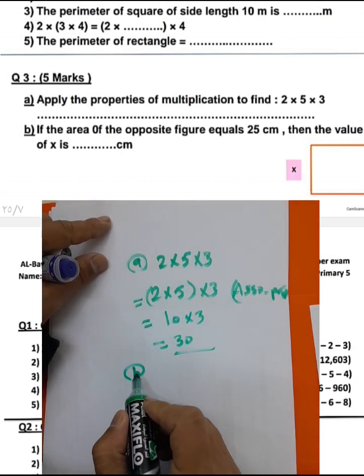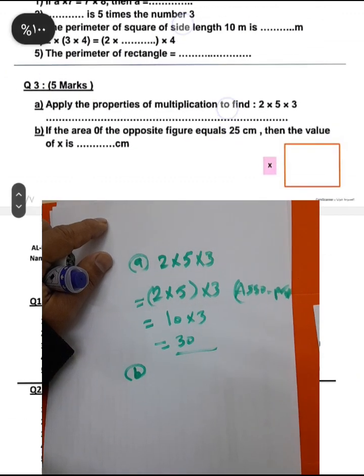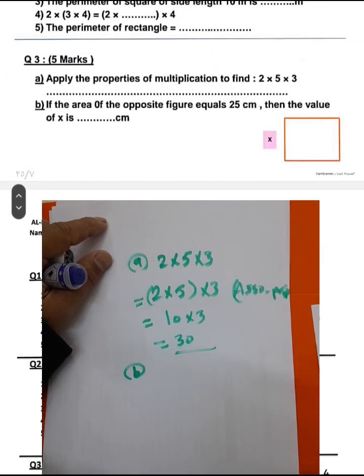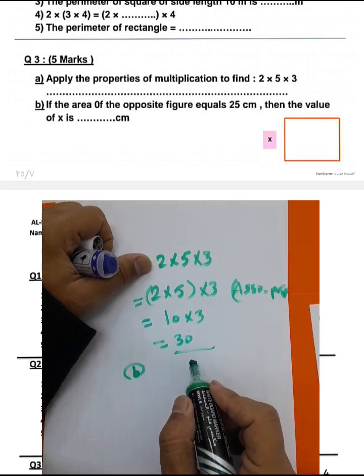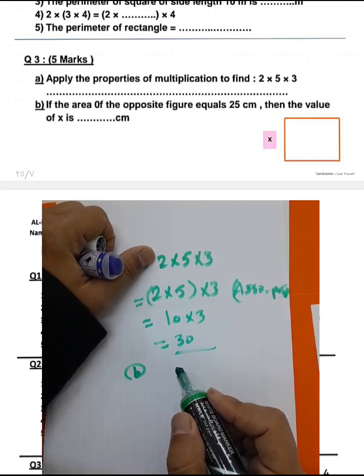Question letter P. If the area of the figure opposite is 25 square centimeters, then the value of x equals what? We have here what? We have here a square, and all sides are equal in length in the square.